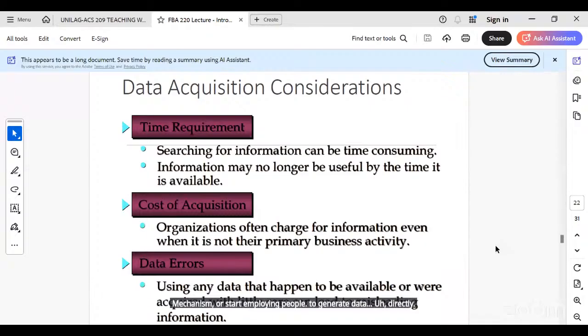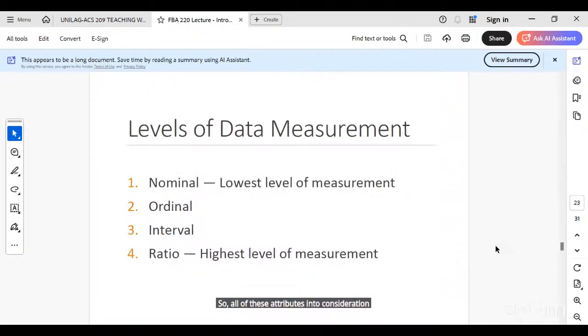You should also look at the margin of error before you start collecting your data and before you determine the source from where you collect your data. So all of these have to be put into consideration when you are gathering your data.